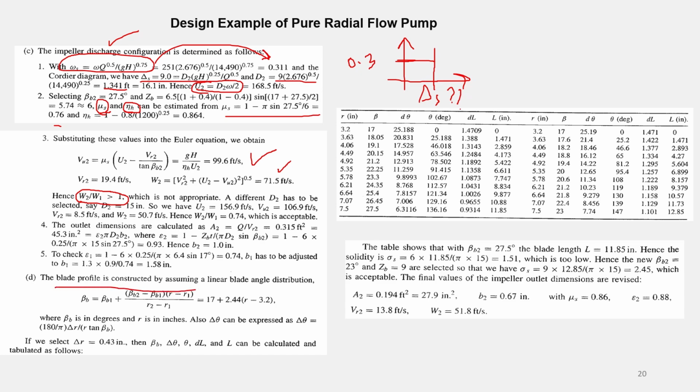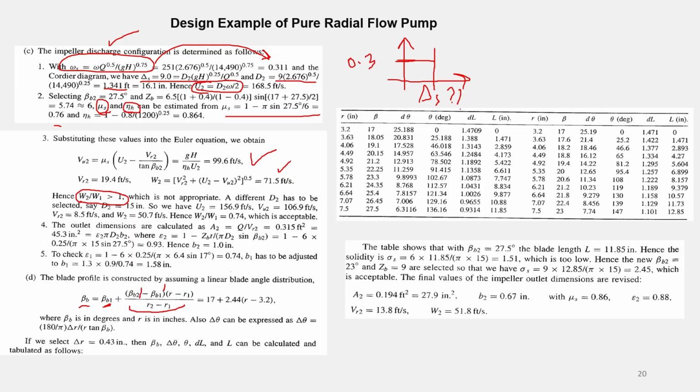The blade profile, and I have shown it to you in the previous slides how to get it, can be shown to be a function of the radius, and it follows this formula. Here is the thing: this beta blade represents the blade angle from the inlet all the way to the outlet. So if you are at the inlet, then beta blade 2 is equal to beta blade 1, and this term will equal 0, which will make the entire term equal to 0.